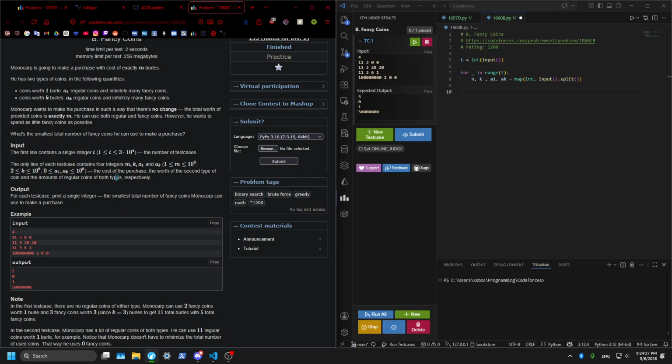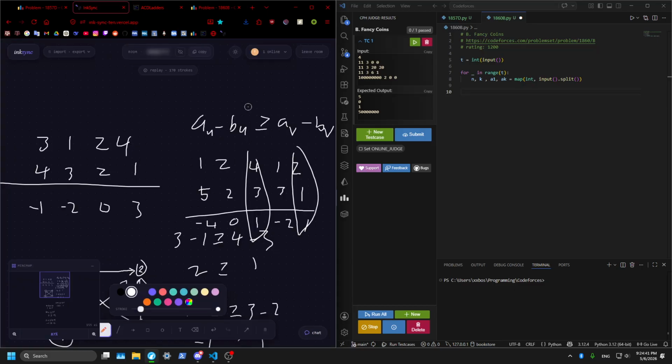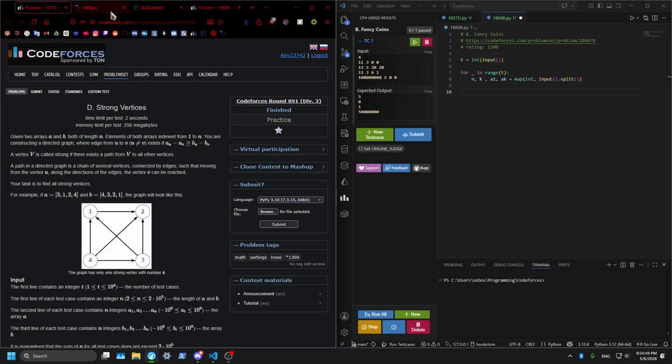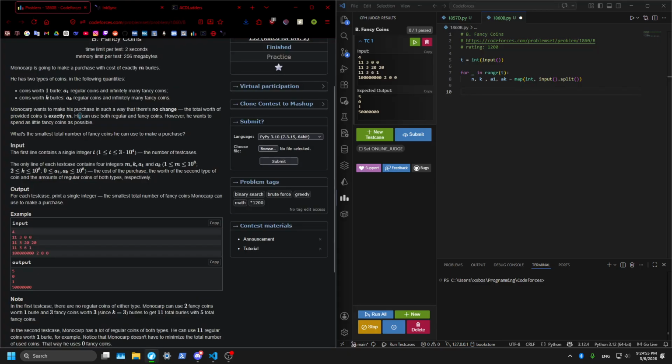Okay. I think I get it. So he has one coin worth 1, worth K. There's a fancy coin.